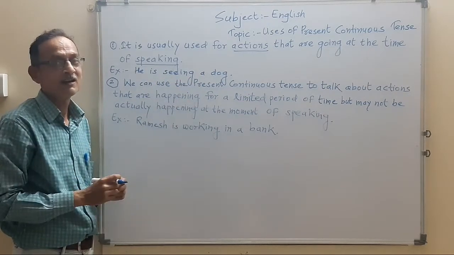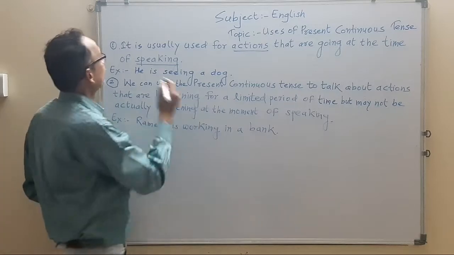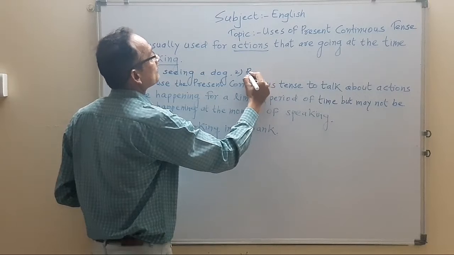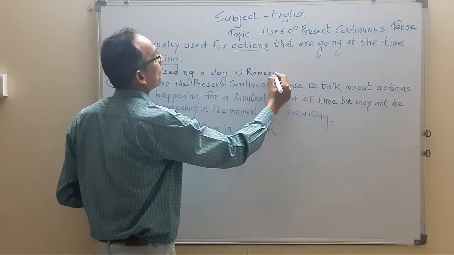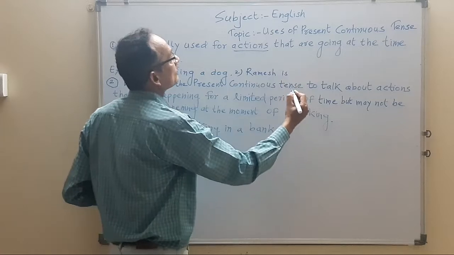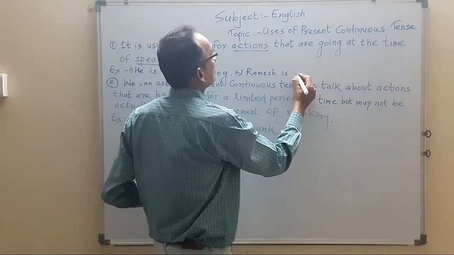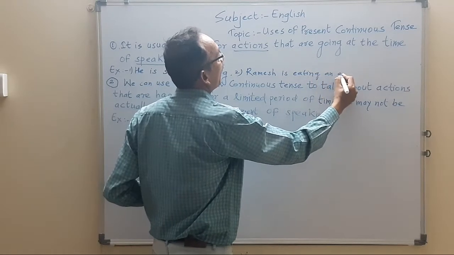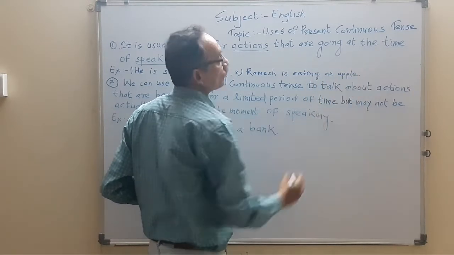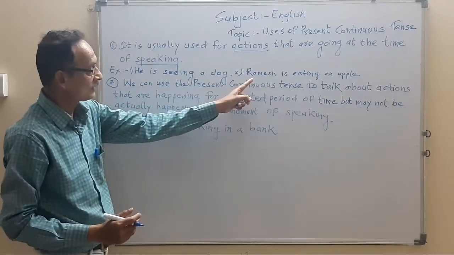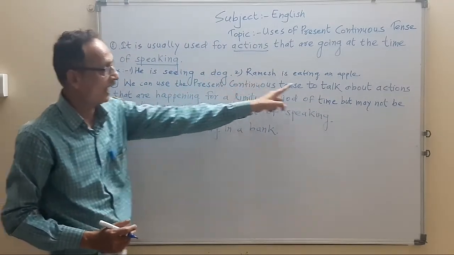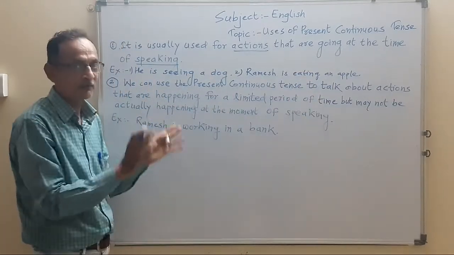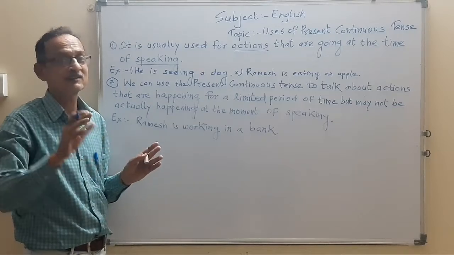We can make another example like that: Ramesh is eating an apple. In that sentence, I use subject, verb and object. In similar fashion, you can make different sentences.